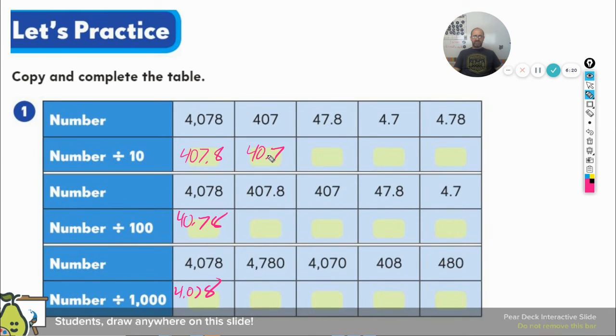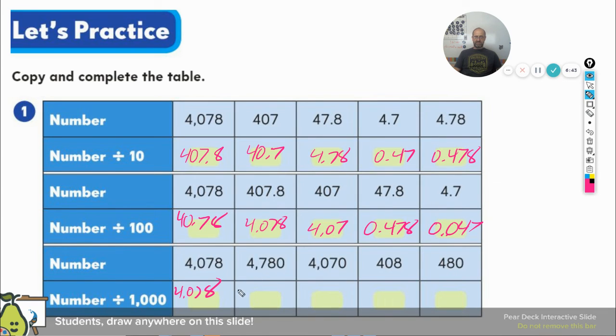Wait a minute. Something got tricky here. 7. Let's go that way. Thought these were all going to be the same number. I have to think about these.